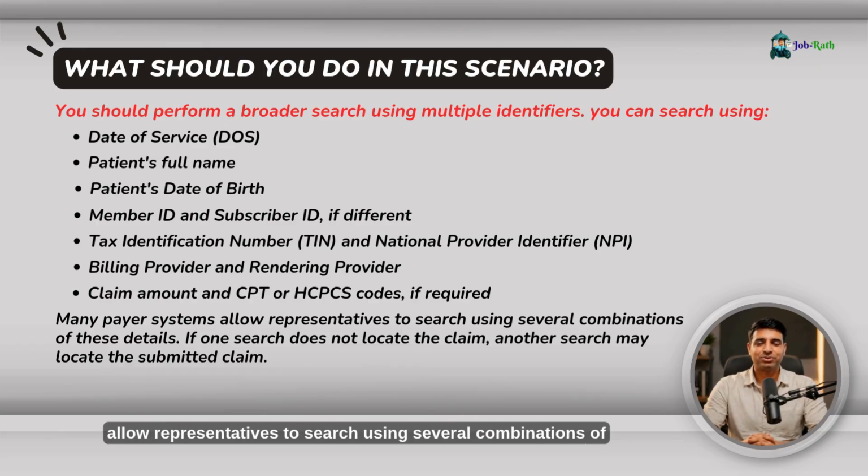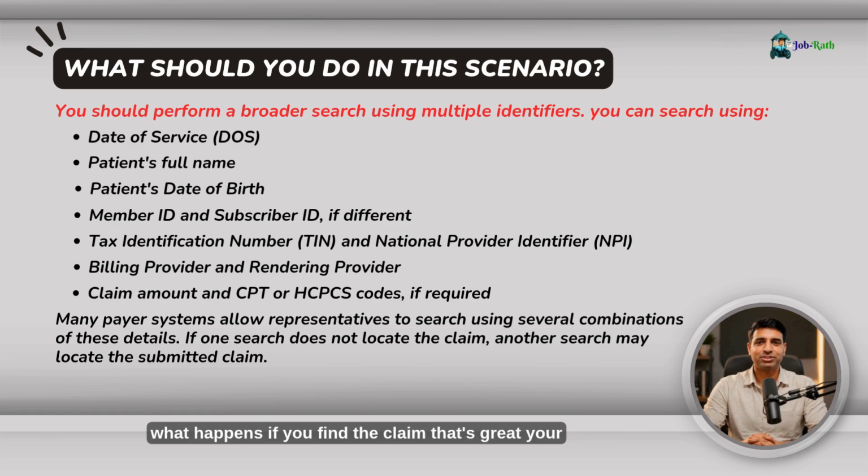Many payer systems allow representatives to search using several combinations of these details. If one search does not locate the claim, another search may locate the submitted claim. So, you can continue searching until you are confident that the claim truly does not exist in the payer system.